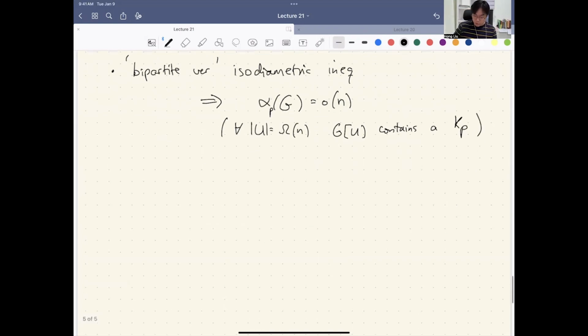Sublinear independence number. Let me first state this bipartite version of the isodiametric inequality. Lemma 3.